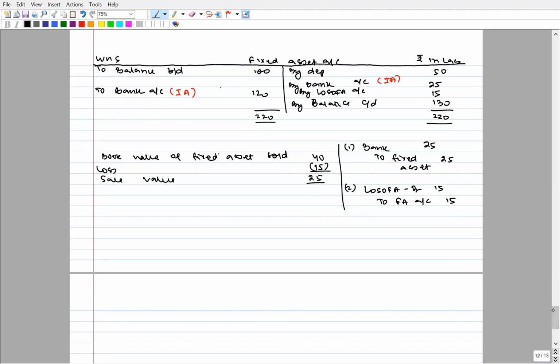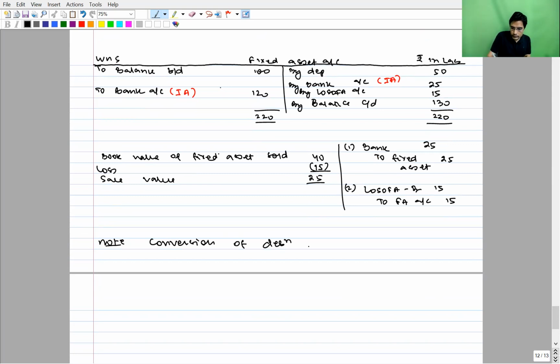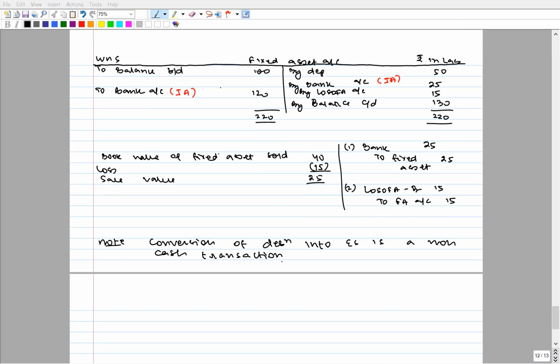And finally, we have to write one note that conversion of debentures into equity shares is a non-cash transaction, so ignored. This note, kindly write in the exam also, that it is a non-cash transaction, so it has been ignored.